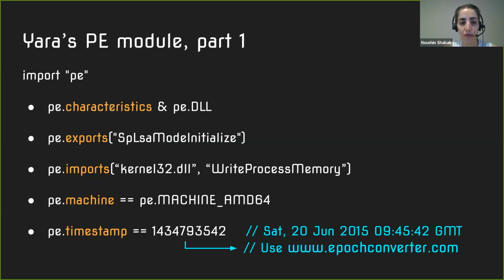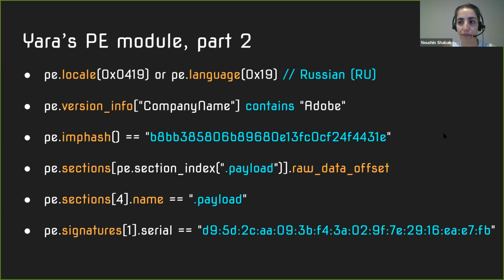For example, we have an exercise later where I want you to find files that are compiled after a specific time. In that case, you need to convert that time to the Linux format of time and then check the pe.timestamp against that value. That was a hint that I already gave you.